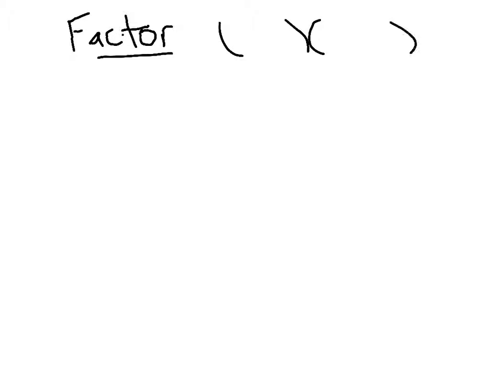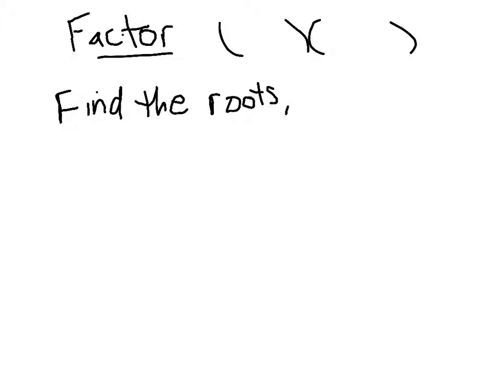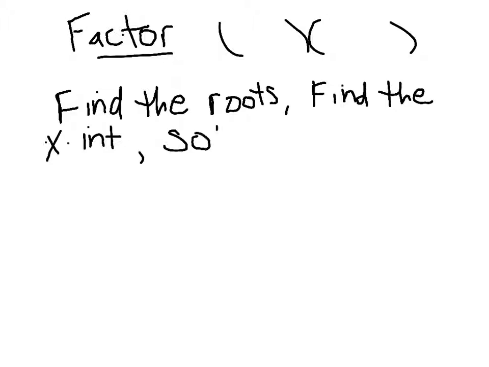They want you to put in the two parentheses. But we can take that a step farther, and there are several different ways they can ask you to do that. They could say find the roots. They could say find the x-intercepts. They could say solve the quadratic.